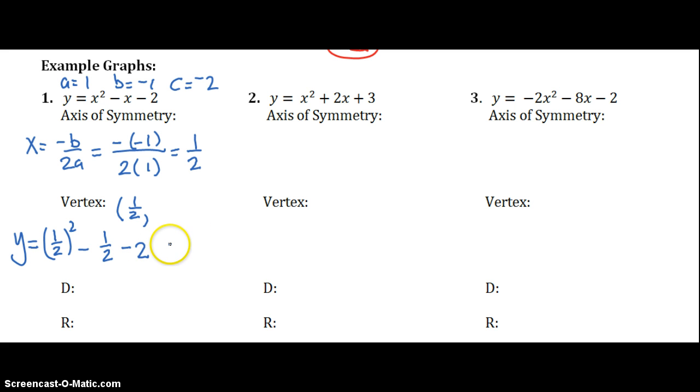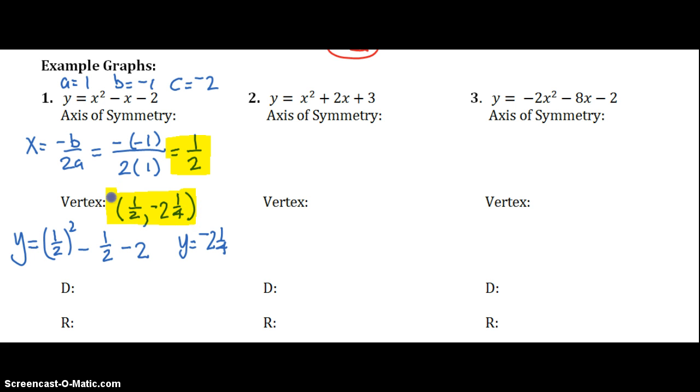And all of that's going to give us a y value of negative 2 1/4. So my vertex, to finish the vertex, is negative 2 1/4. So this is all running together. So our axis of symmetry is x equals 1/2, and our vertex is here.